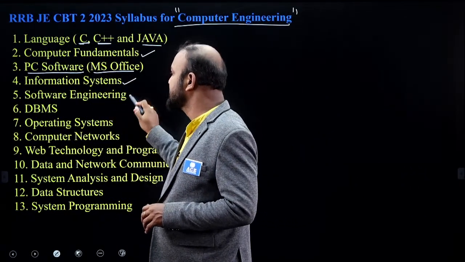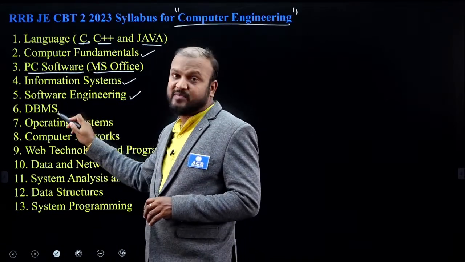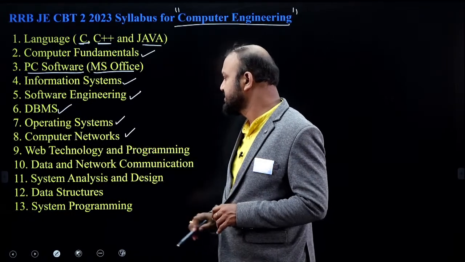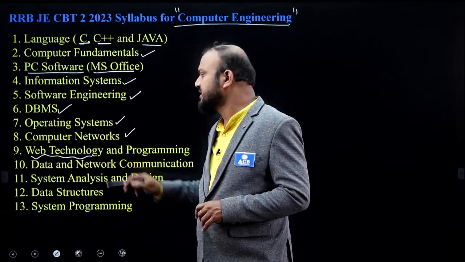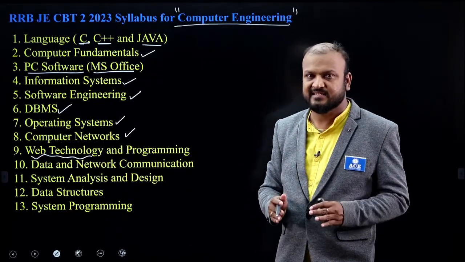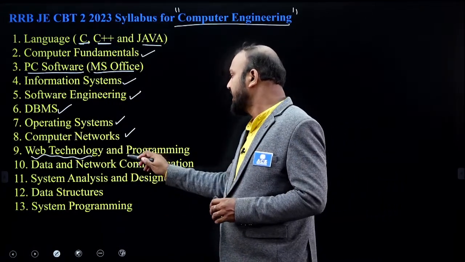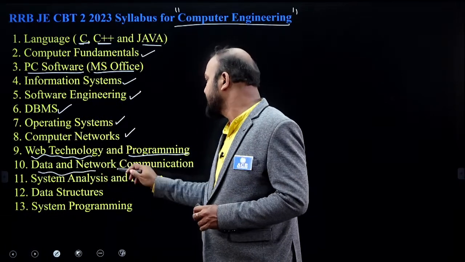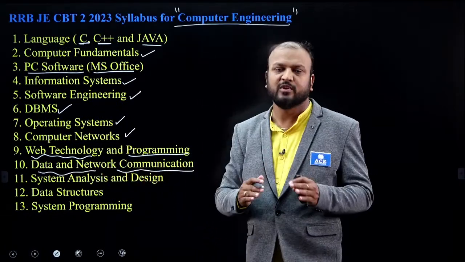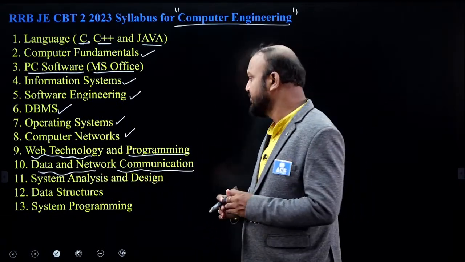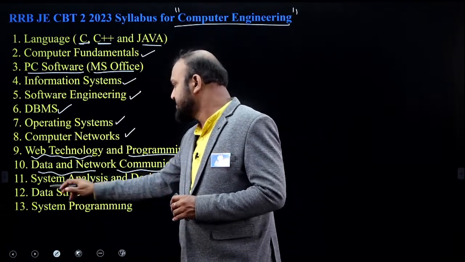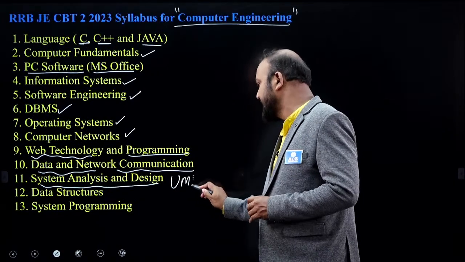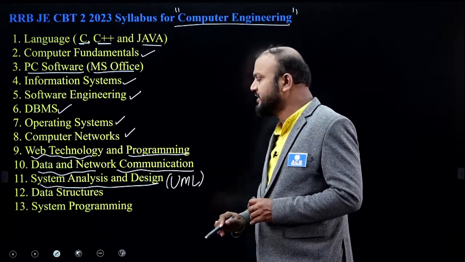Information systems, software engineering, database management systems, operating system, computer networks, web technologies like HTML, CSS, JavaScript and their programming, and data and network communications, generally called DCCN, data and computer networks, and system analysis and design, where we generally use unified modeling language for designing.